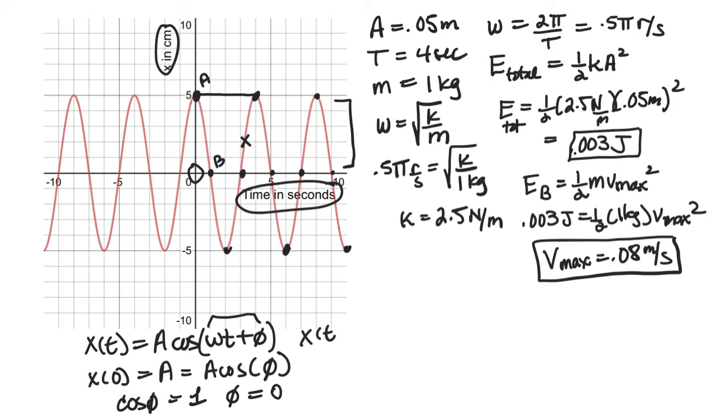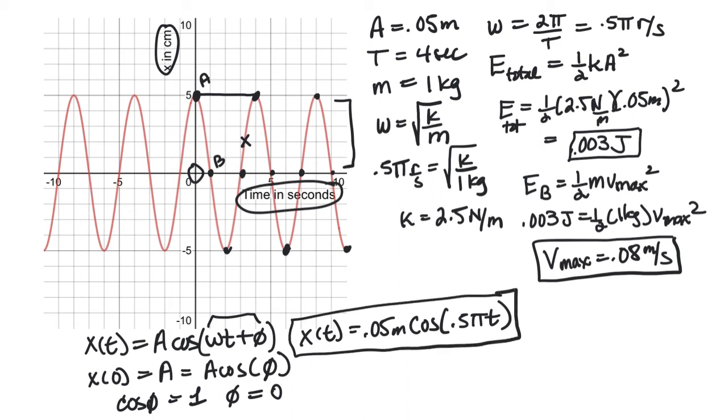And so x of t is equal to A, which is 0.05 meters, times cosine of 0.5 pi t. We can also write equations for v of t and a of t just by taking derivatives. I'm not going to do that right now, but that's our equation for the position as a function of time.